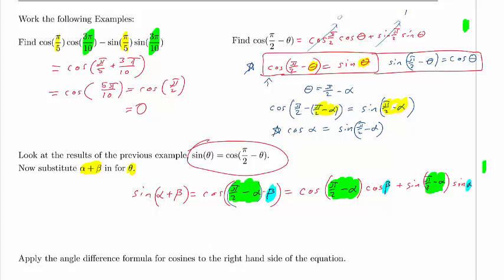All right, so we're going to notice some startling results. Cosine of pi over 2 minus alpha. Well, we already had that written down. That's the same thing as sine theta, or should I say sine alpha?